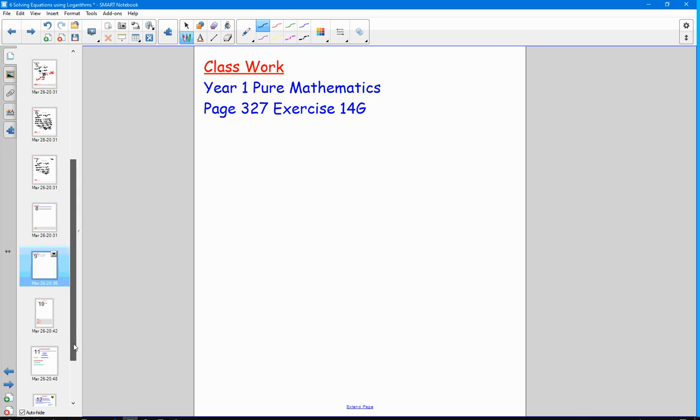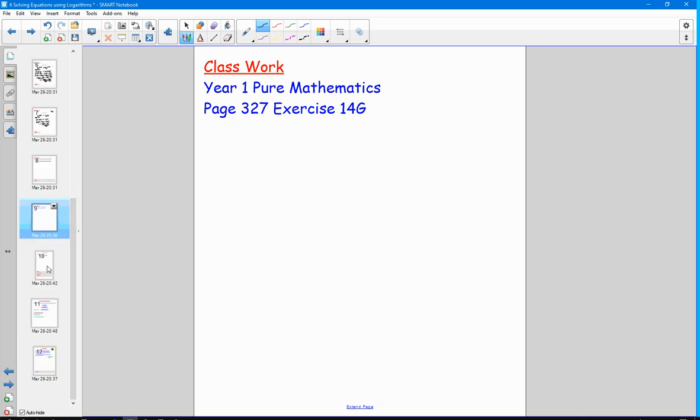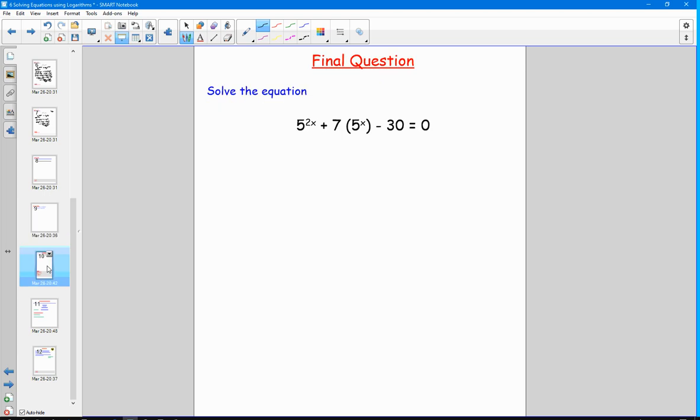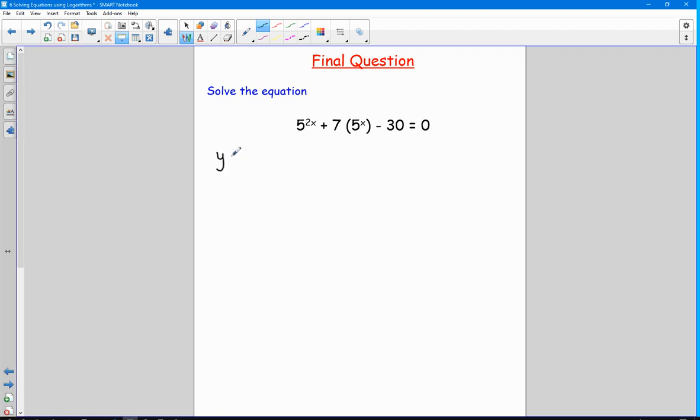If you want to have a look at a bit of a challenge, you might want to have a look at a question like this, and what hopefully you might be able to see is this is a quadratic in 5 to the x, so we could use a substitution technique and say let's call y is 5 to the power of x, and this equation can be written as y squared plus 7y take 30 equals 0, and then we can factorize that as y and y.